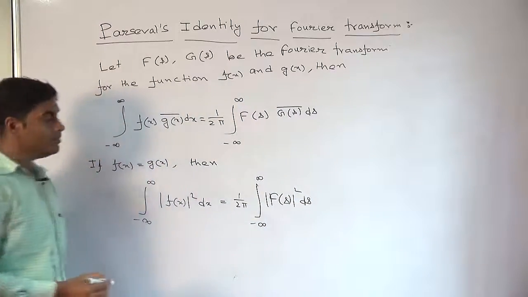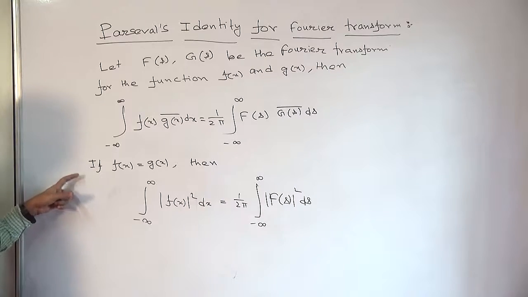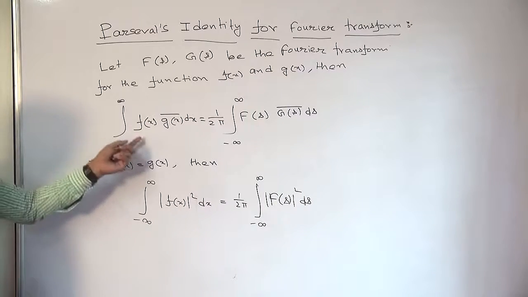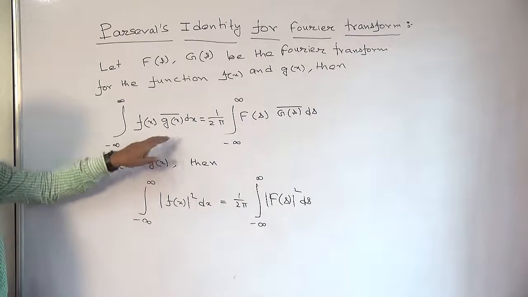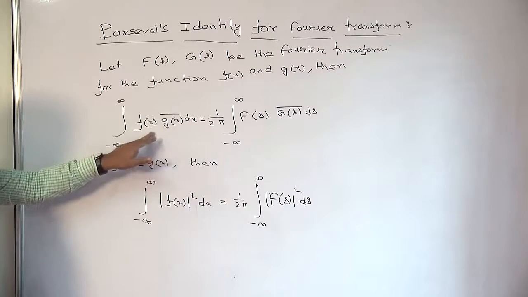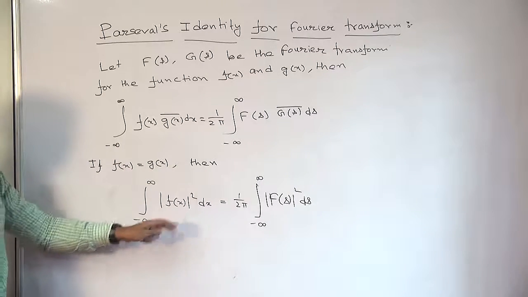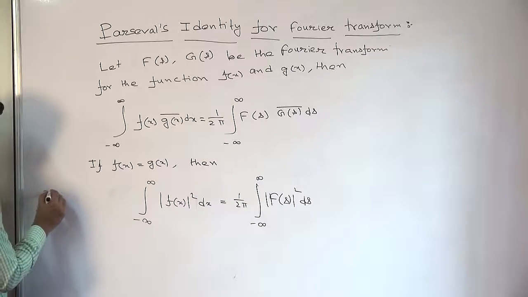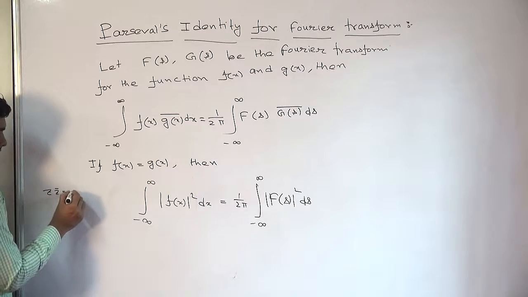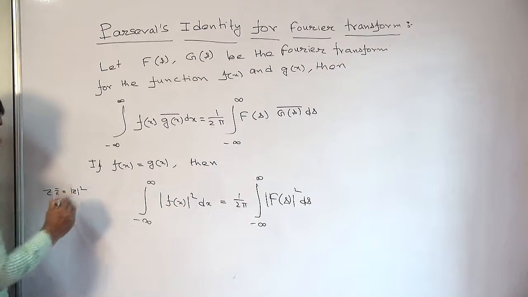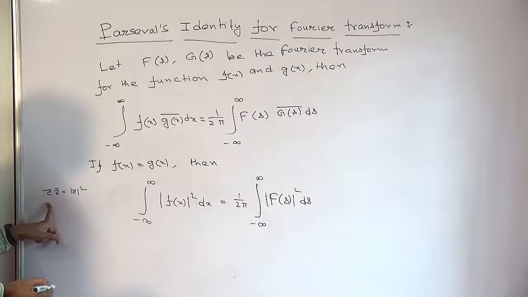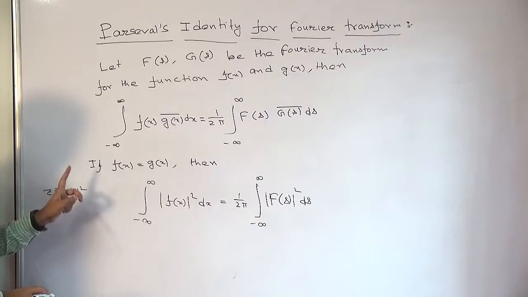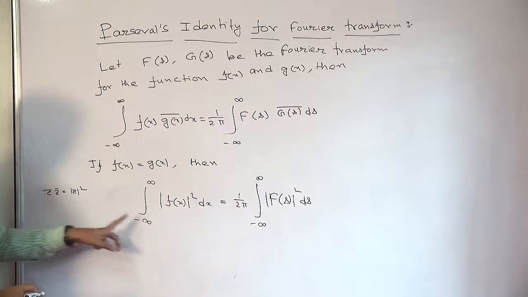So if the two functions f(x) and g(x) are equal, then if we write in the place of g(x) as f(x) bar, then it becomes f(x) squared, as z times z bar is equal to the modulus of z squared. So use that thing. Here our z is f(x) and z bar is f(x) bar, so it becomes this one.